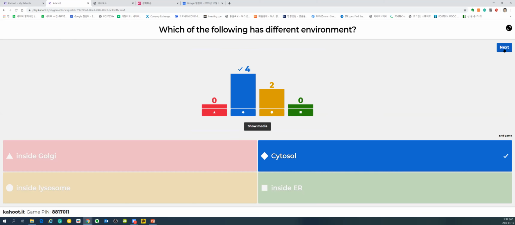Now, cytosol is the only inside here, and vesicle is outside, and lysosome is one kind of a vesicle, endosome. And extended vesicles, you may consider Golgi or ER, those are kind of extended vesicles, okay?